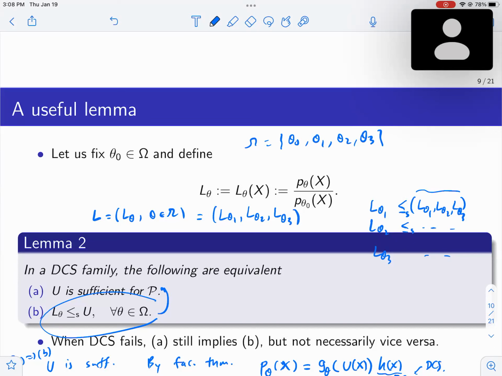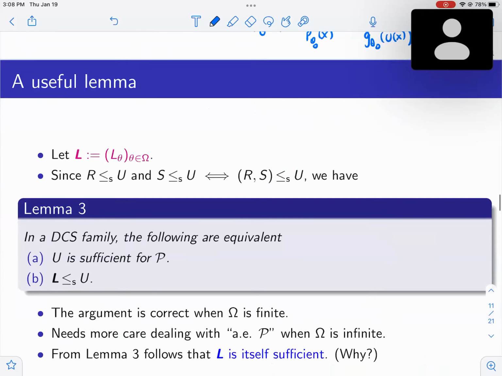Each individual coordinate doesn't satisfy it, but if I concatenate them, I can write each one of them as a function of the entire thing. So in place of U, this satisfies B, so it has to be sufficient.